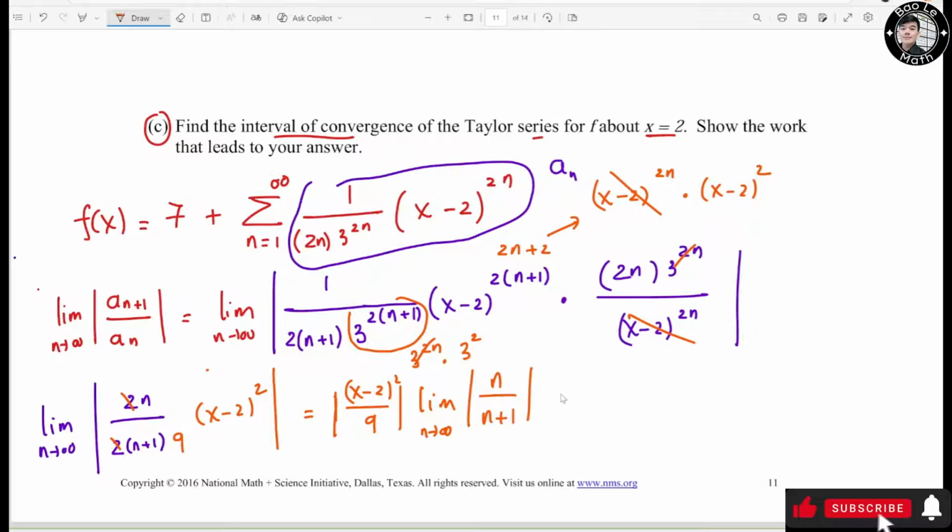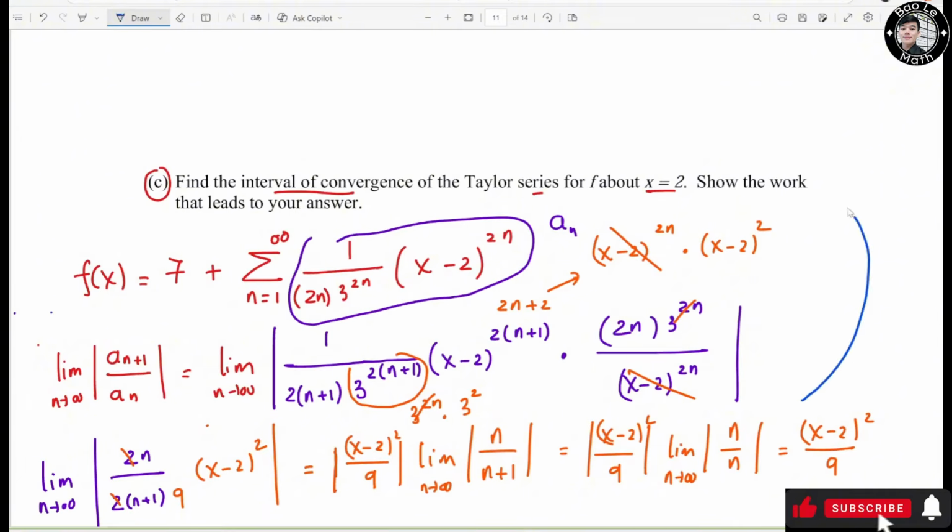So it's going to be absolute value of s minus 2 squared over 9, times the limit of absolute value of n over n when n approaches infinity. And this guy is actually 1, right? So we have s minus 2 squared over 9, right? And this guy is always positive, so I can remove the absolute value sign, right?